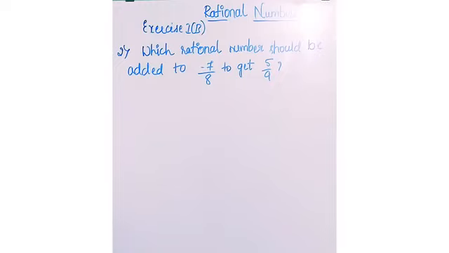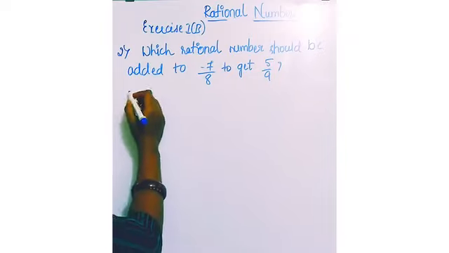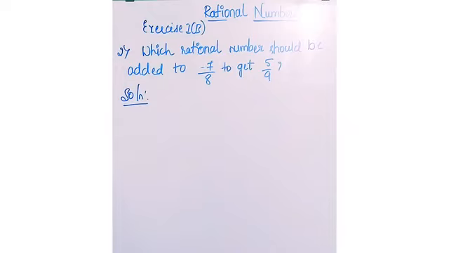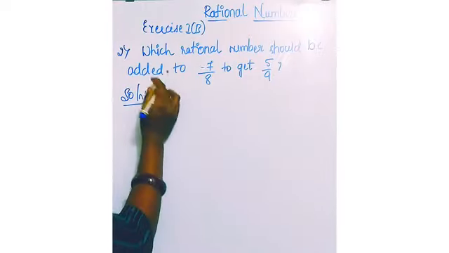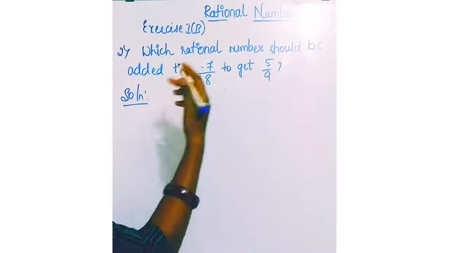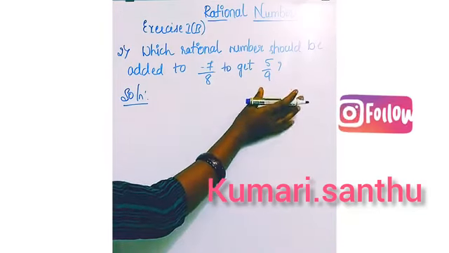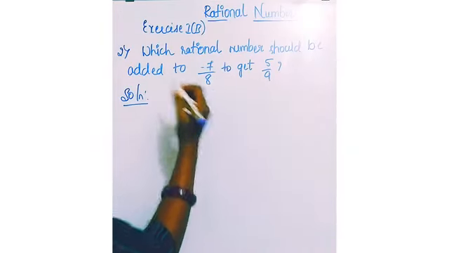Now, the given question, first we will read: which rational number should be added to minus 7 by 8 to get 5 by 9? Which means we should take a value.